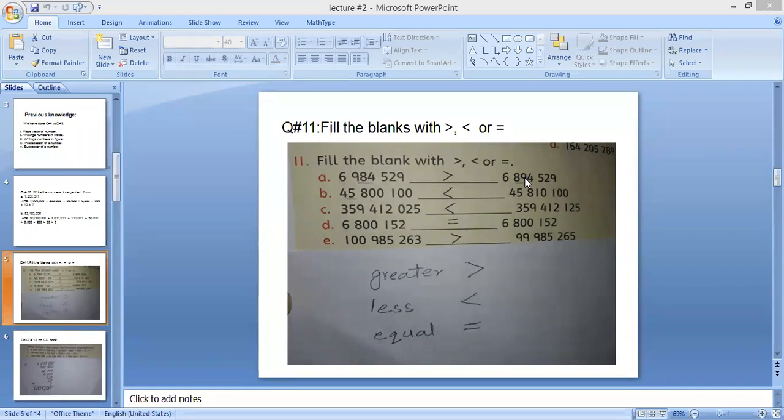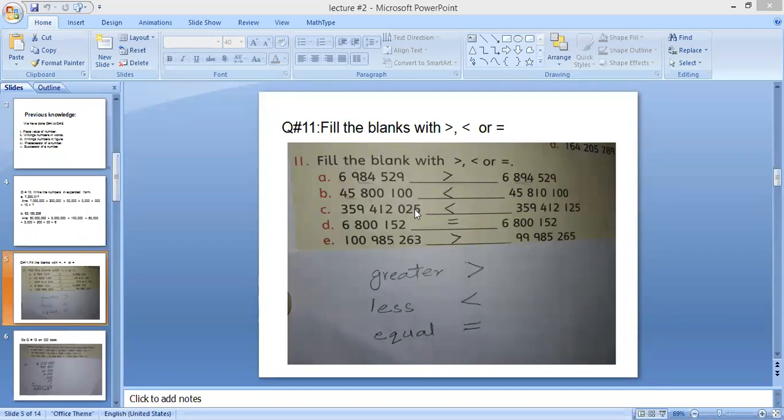Okay, now come to the next one, C1 part. You can read the C1 by yourself. The C1 is 359 million, 359 million, both are the same. 412,000, 412,000, both are the same.